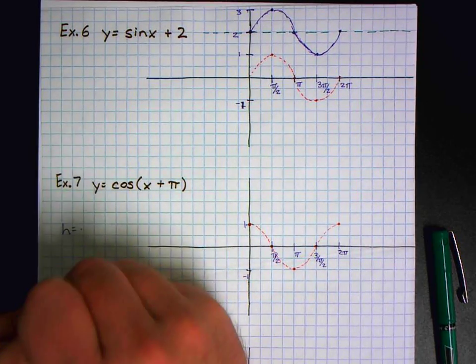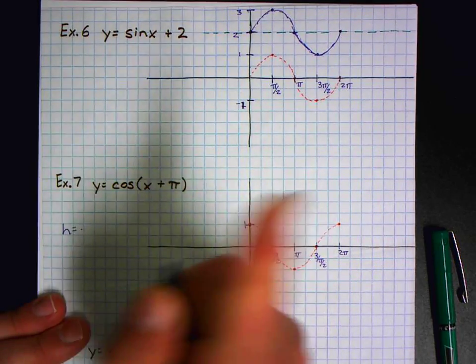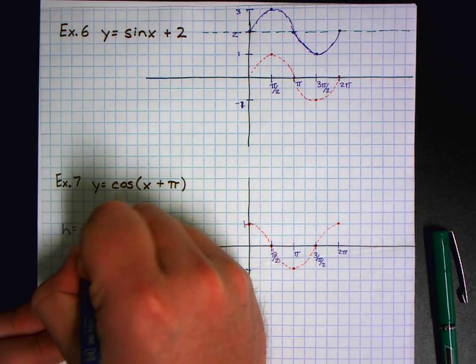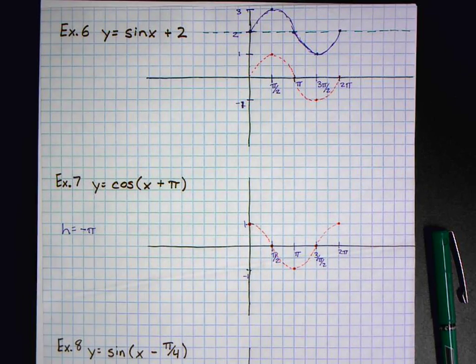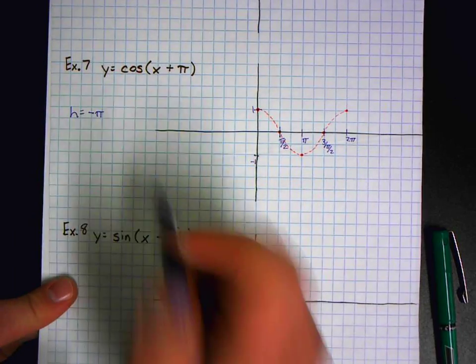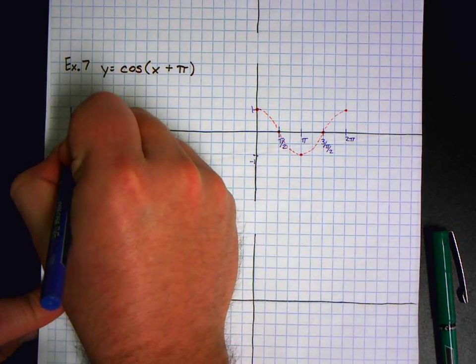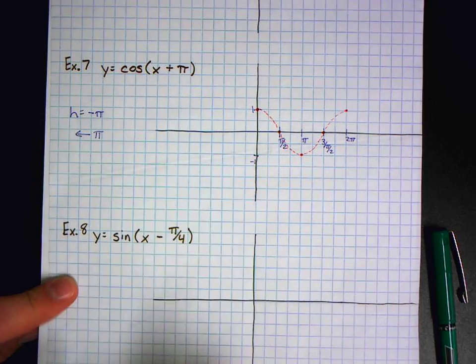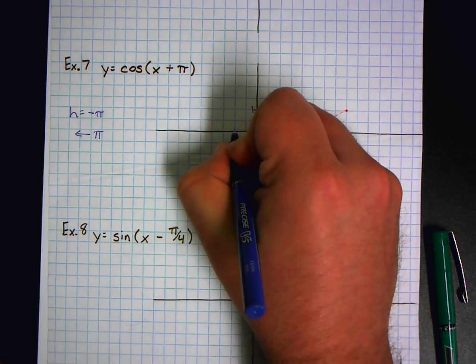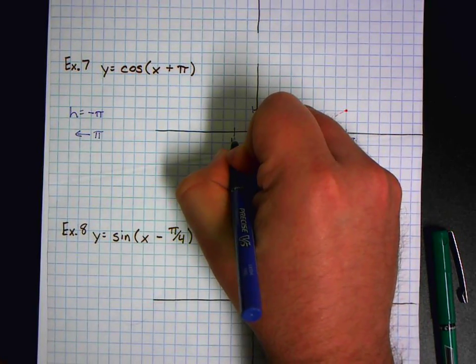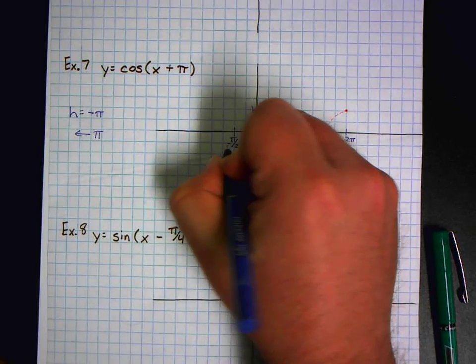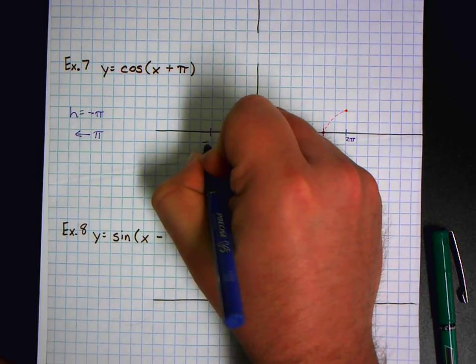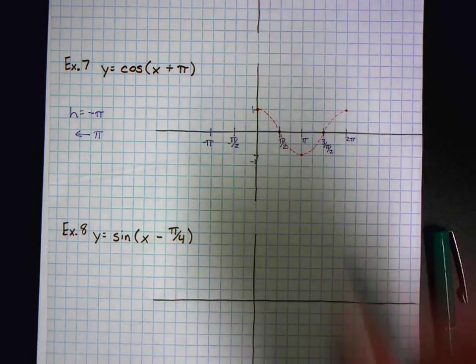Negative pi. So that means I need to take each one of these points and shift it to the left pi. So I take this point, shift it to the left pi.